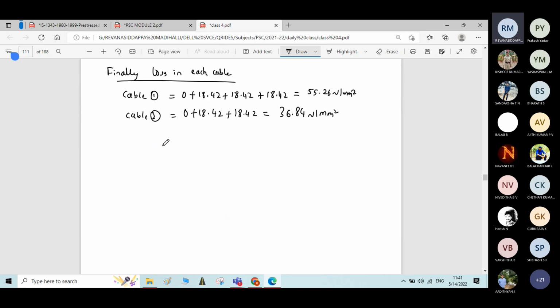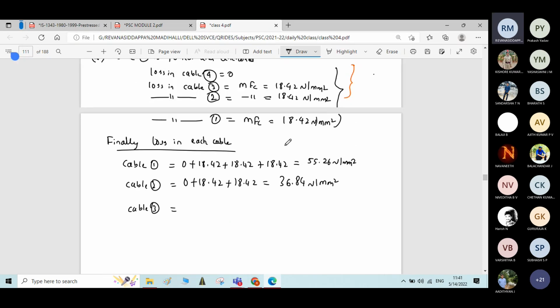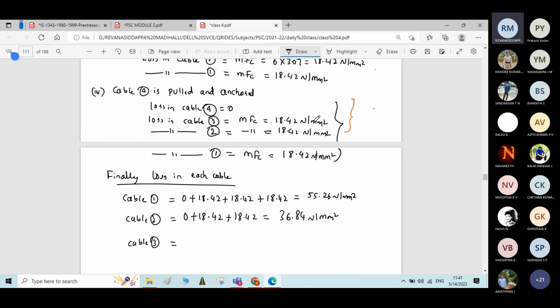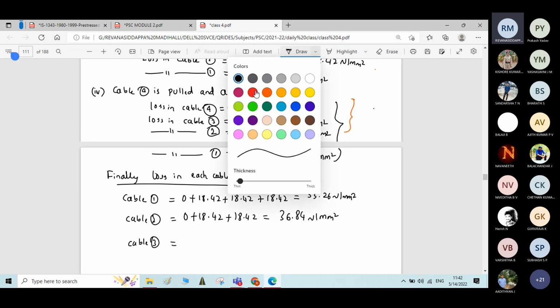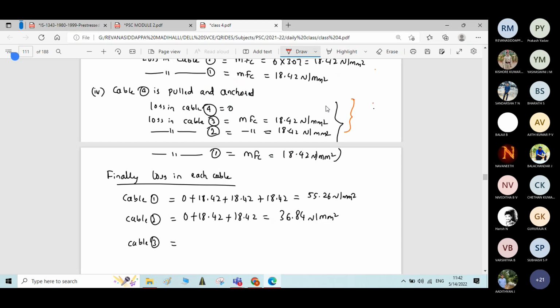Then loss in cable 3. If you want to calculate it, see, after cable 3, we have cable 4. So we need to calculate the sum of these two values.